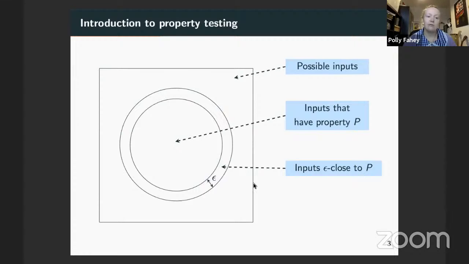And if it's close to having the property, so if it's within these two circles here, we don't mind what we output. And there's various different property testing models which have been studied, which are all suitable for different types of inputs. So for example, there's the bounded degree graph property testing model, which, as the name suggests, is suitable for bounded degree graphs. And this is the model which our model is a variation of.